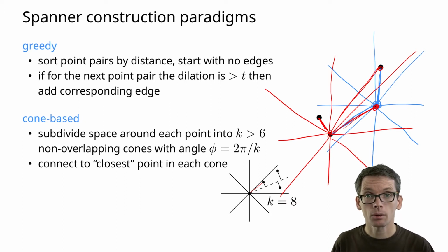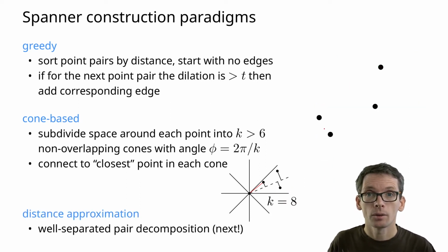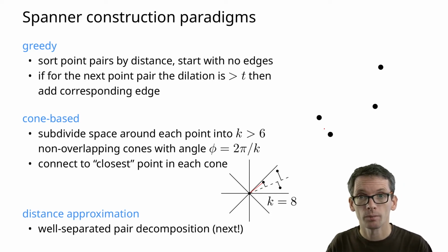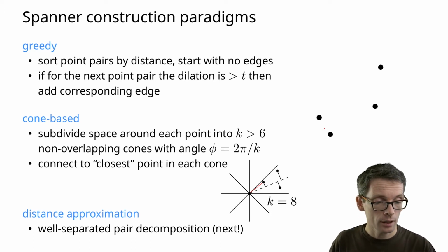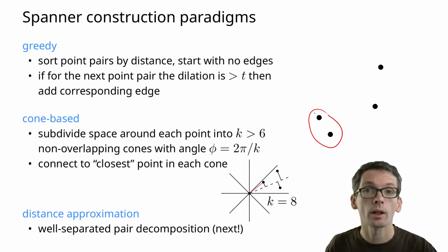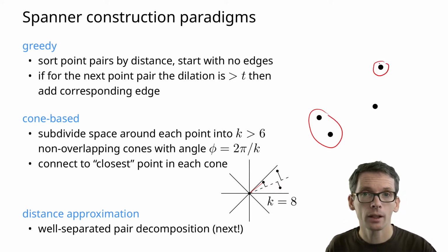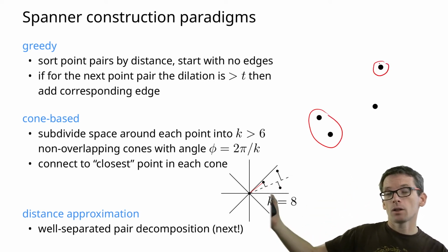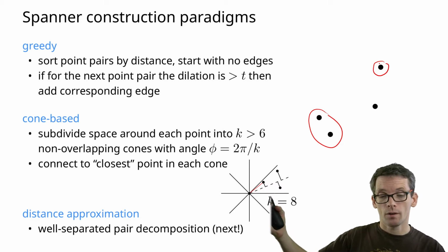And the last class I want to talk about are spanners that use distance approximation. So the idea here is, let's say these 2 points seen from back here are fairly close to each other.